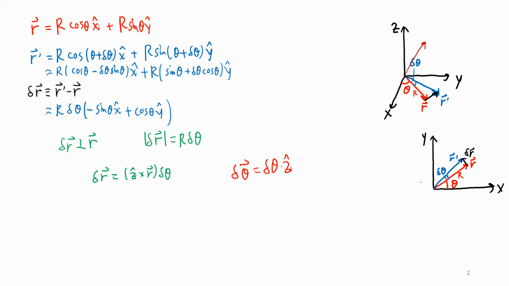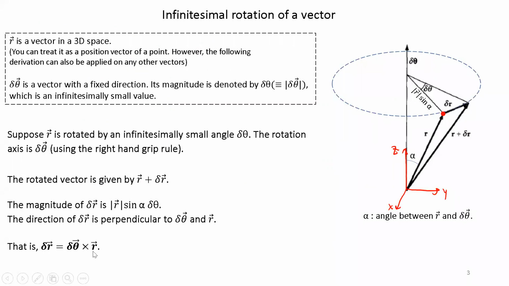That's how I define it. So this can also be written as this. So that is the delta theta vector.